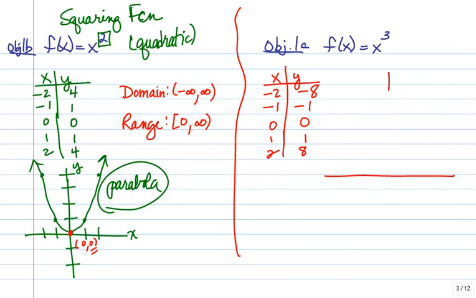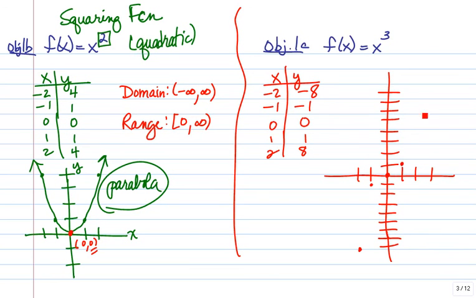So looking at the graph of this: negative 2, negative 8, negative 1, negative 1, 0, 0, 1, 1, and 2, 8. So this kind of looks like a snake, right, as we curve around there.